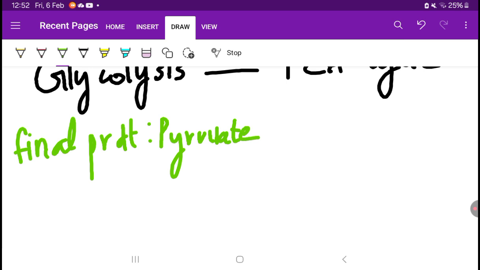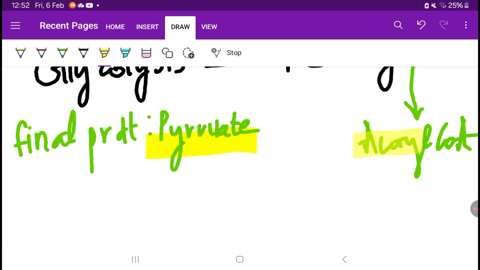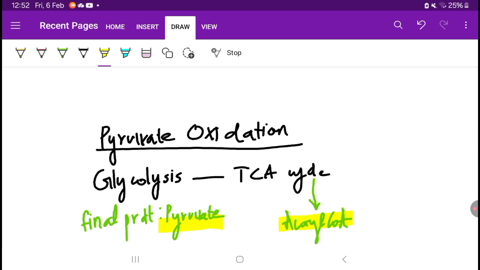And the initial substrate in the TCA cycle is acetyl coenzyme A. So we need to convert this pyruvate into acetyl coenzyme A. This is exactly this process. So what we were telling is that this process is simply the conversion of pyruvate to acetyl coenzyme A.